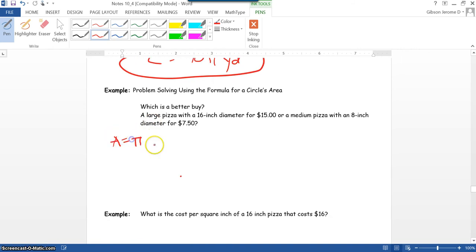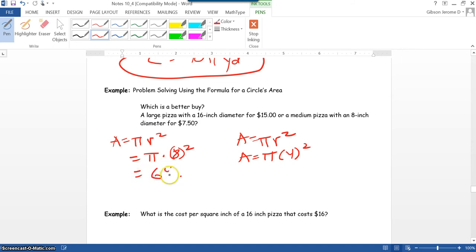So we would have pi times radius squared, and also pi times radius squared. So we will have pi times, the radius is half the diameter, so that would be 8 squared. And here it would be pi, and remember the radius is half the diameter, so then that will give us 4 squared. So this will give us 64 pi, and this will give us 16 pi.